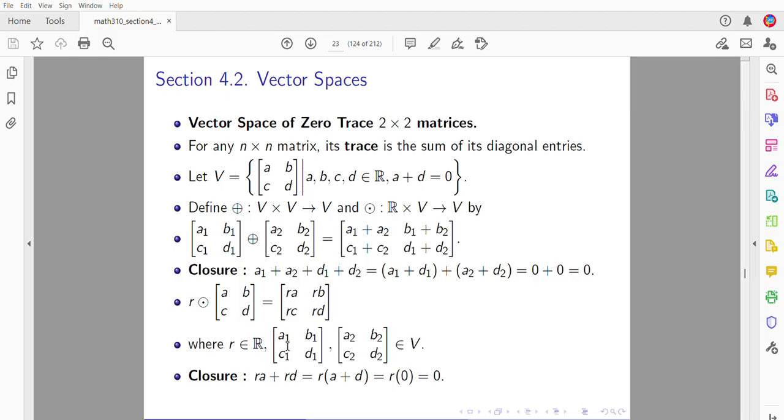R is real, A1, B1, these are all vectors. Okay, now let's look at the trace RA plus RD. RA plus RD, R comes out: R times A plus D. A plus D is 0 because of this fact that this vector comes from V. So R times 0 is 0. That's why O dot is closed.